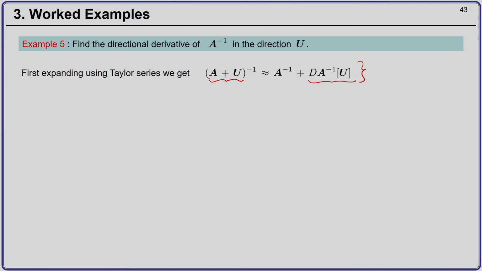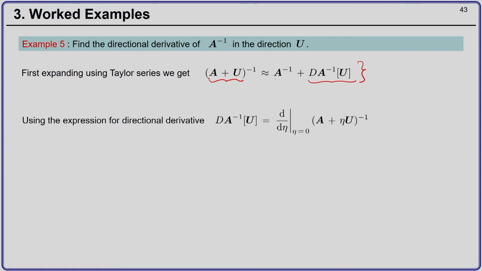Now, this directional derivative is what we need to find out. Again we can use the expression of directional derivative. So, the directional derivative of the inverse of the tensor in the direction u is nothing but d by d eta of A plus eta u the whole inverse evaluated at eta equal to 0.